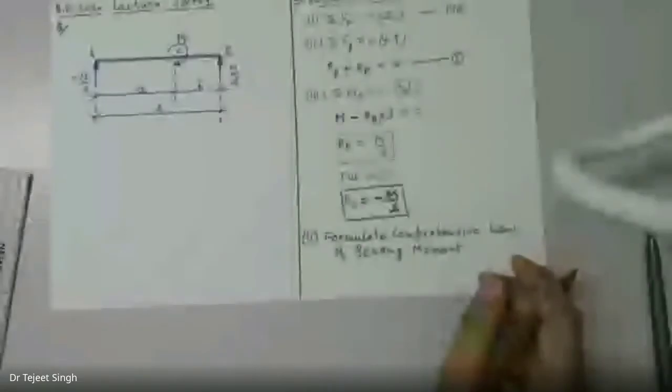So for that, I must pass a section in the last segment of the beam. Now the last segment of the beam is CB. Section it here and draw the free body diagram of the left hand side.